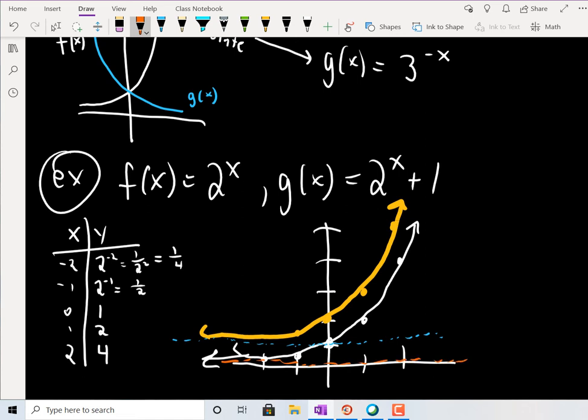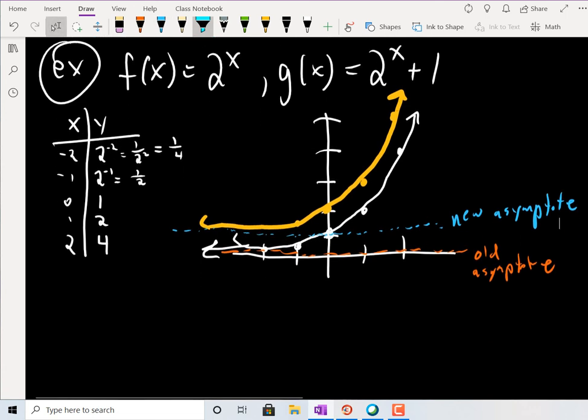Okay. So this is the old asymptote. And the blue guy is the new asymptote. Okay, so as you shift up the actual picture, you also have to shift up the asymptote.